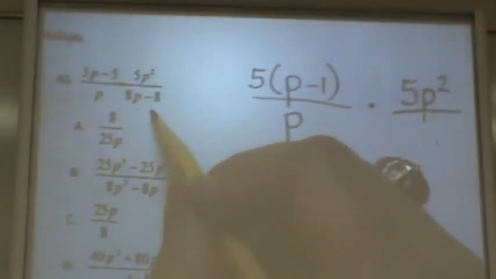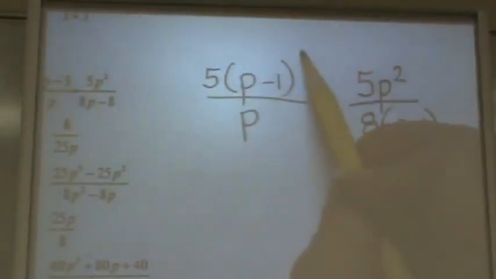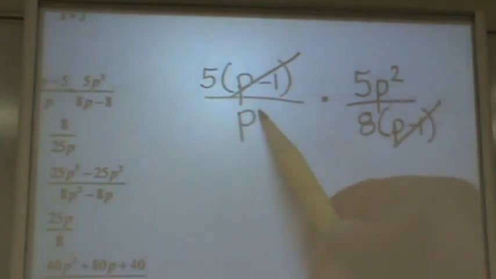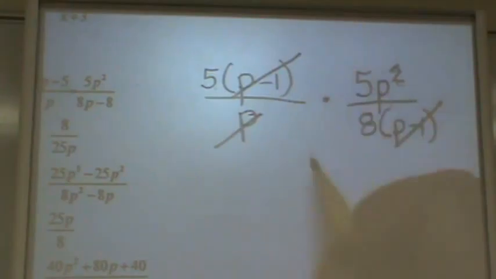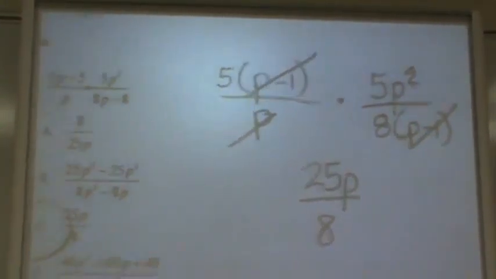But this denominator, we can take an 8 out, and we're left with p minus 1. So the p minus 1 sets cross out. This p cancels with a p here. So our final answer, nothing else can cancel. So it looks like 5 times 5 is 25p over 8. And the correct answer would be C.